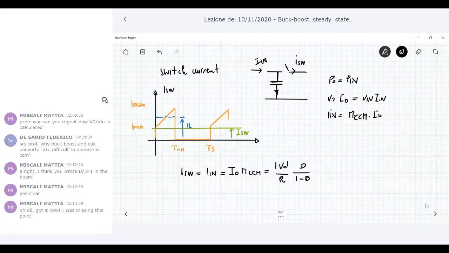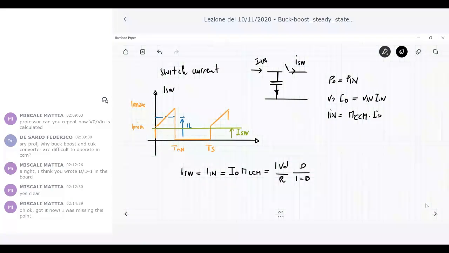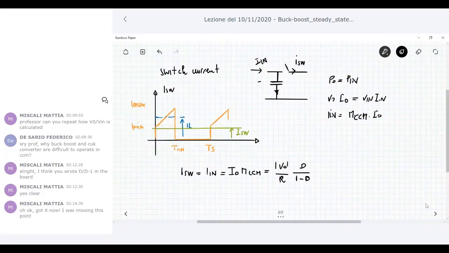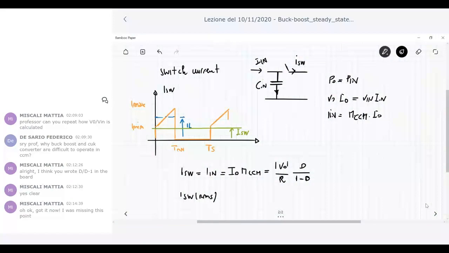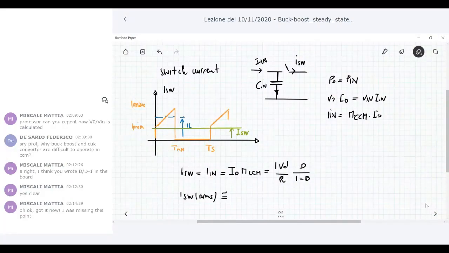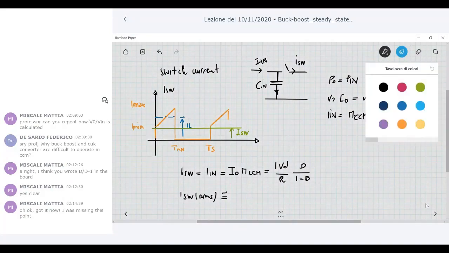The root mean square value of this current can be useful to compute the conduction losses of the transistor in case you have a MOSFET, for example, and it is also useful to derive the root mean square value of the input current, so the current through C-in. Again, you can find the root mean square value by considering the flat top approximation.